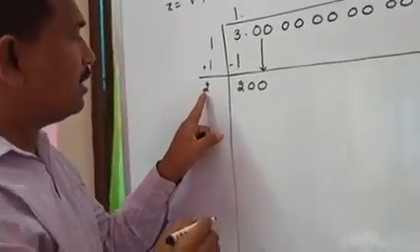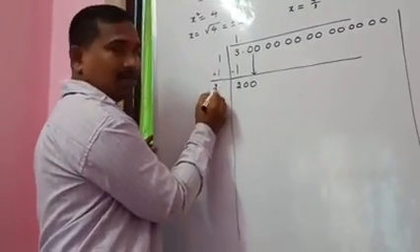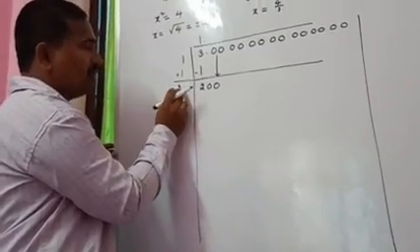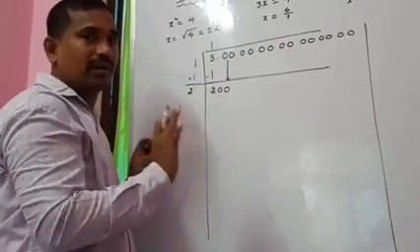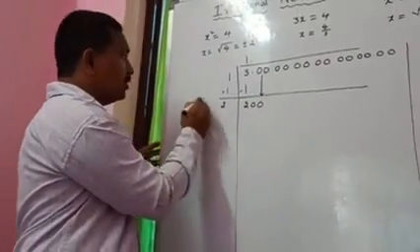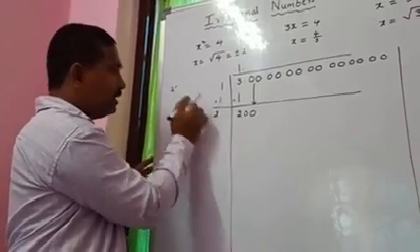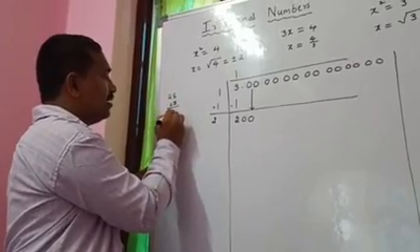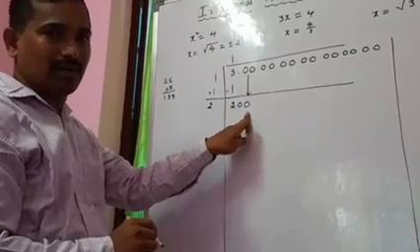Now whatever number you write beside 2, multiply with that same number, that should be near to 200. Are you getting? For example, right side of 2 I am taking 5. 25 into 5 is 125. 125 is nearest to 200.